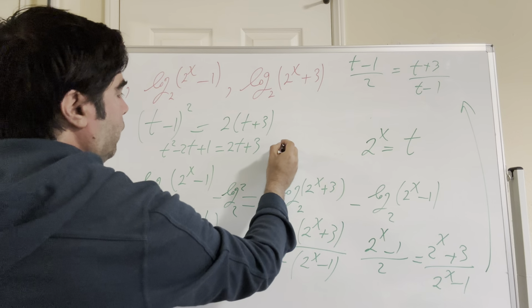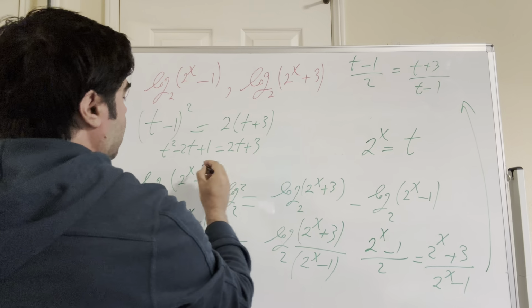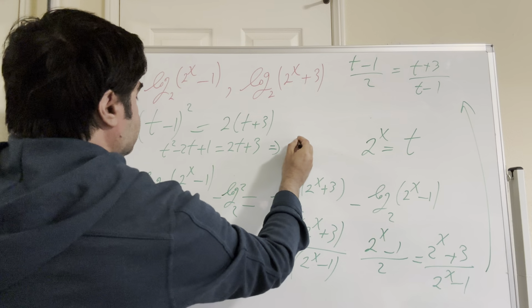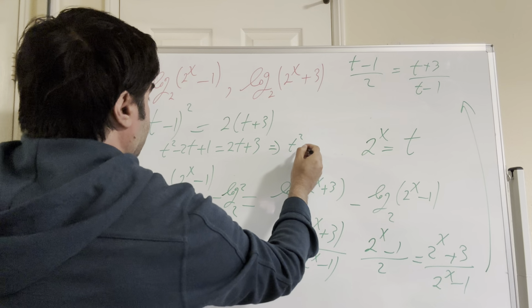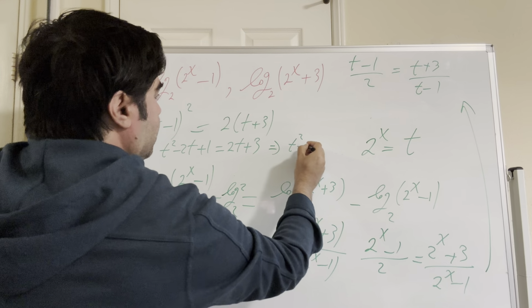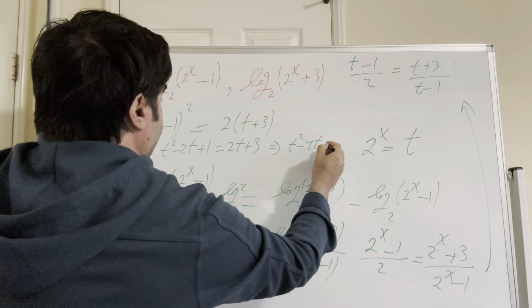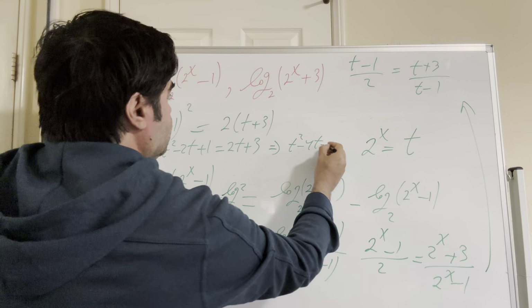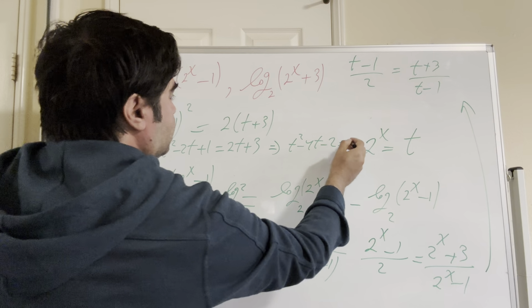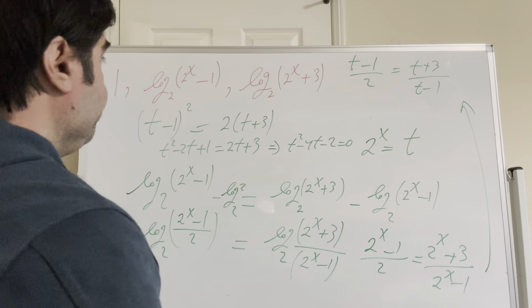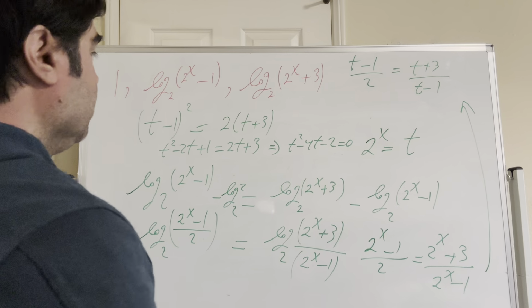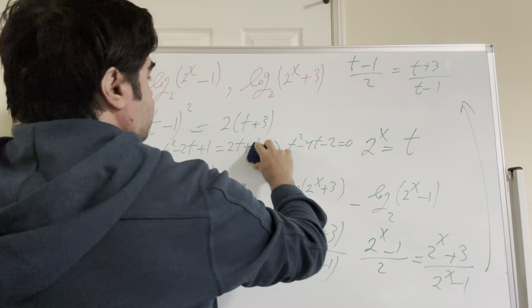I'm going to rewrite this as, therefore, this is going to be t squared, negative 4t, and negative 2 equal 0. Oh yeah, one mistake I made here. Sorry guys.